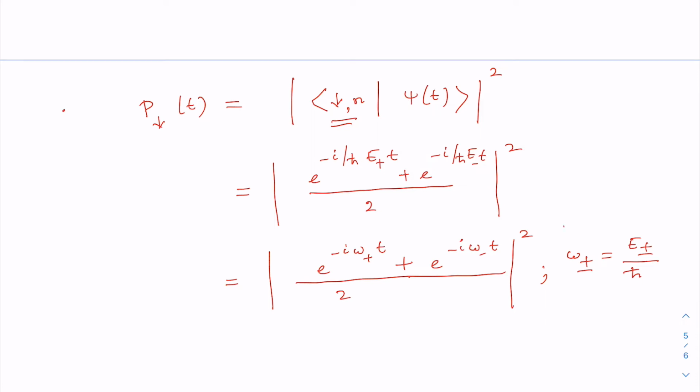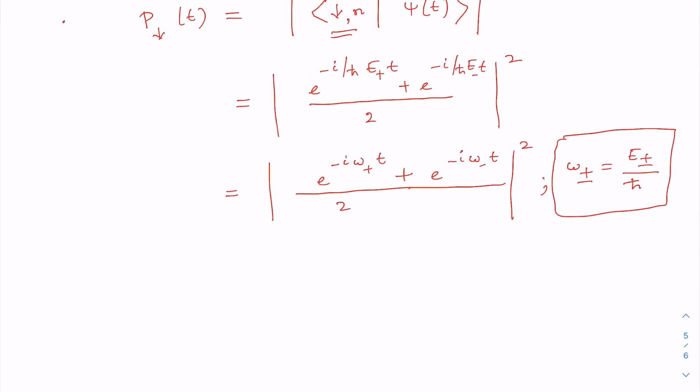I'm writing both expressions using one equation. Now if I break it, I will have 1 by 4 because it is mod, so I have e to the power minus I omega plus t, e to the power minus I omega minus t here, into e to the power plus I omega plus t plus e to the power plus I omega minus t.